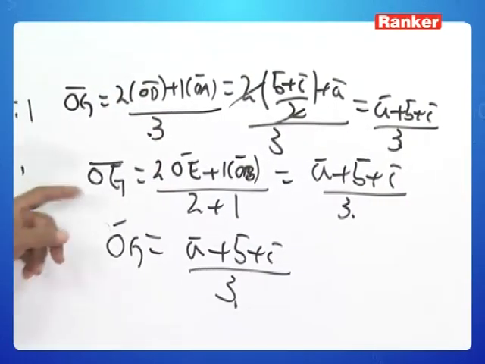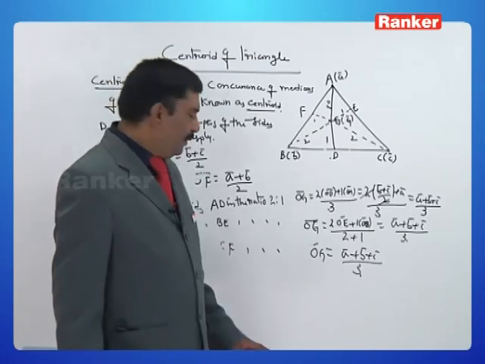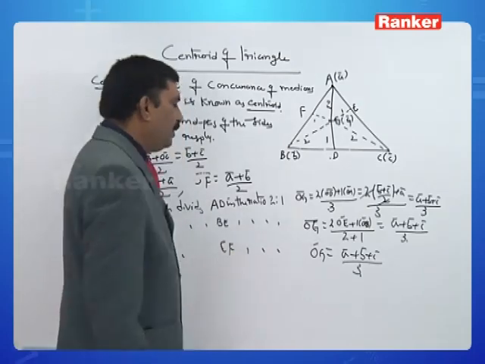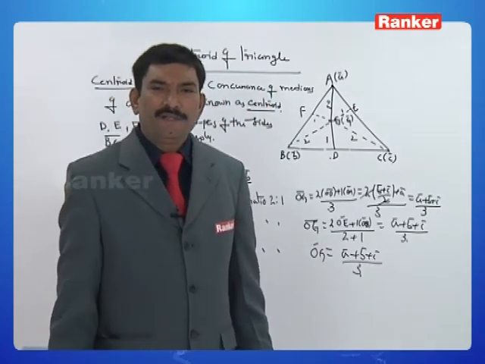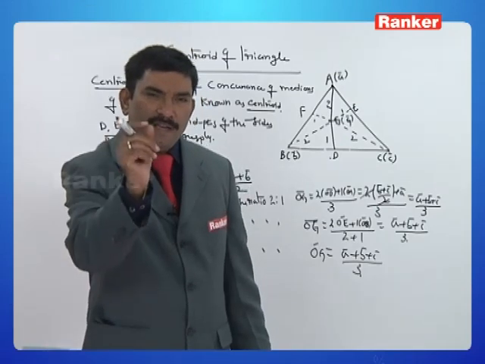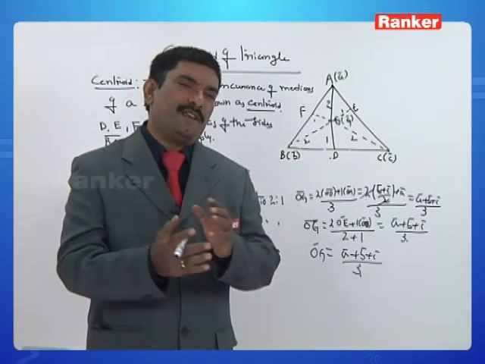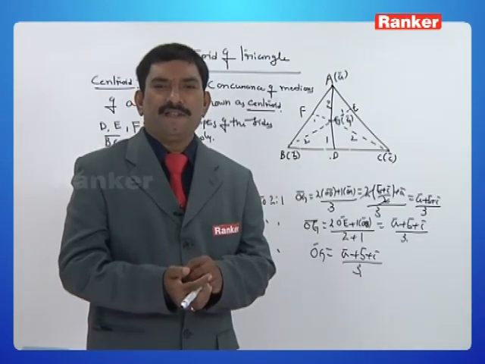For BE also, OZ bar is equal to A bar plus B bar plus C bar by 3. For CF also, OZ bar is equal to A bar plus B bar plus C bar by 3. It is quite evident that the medians of a triangle are meeting at the same point.